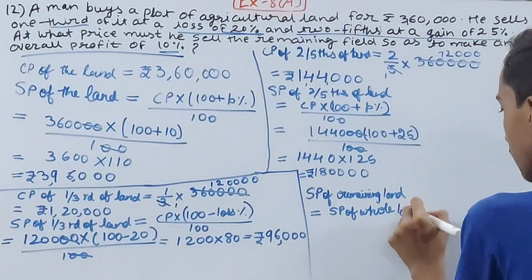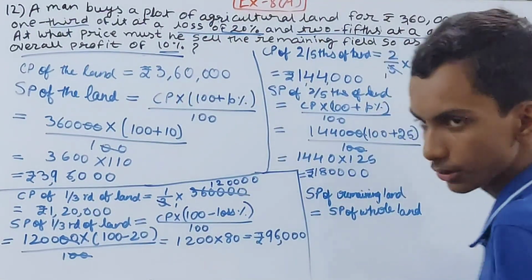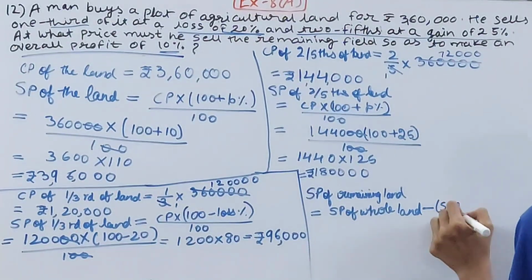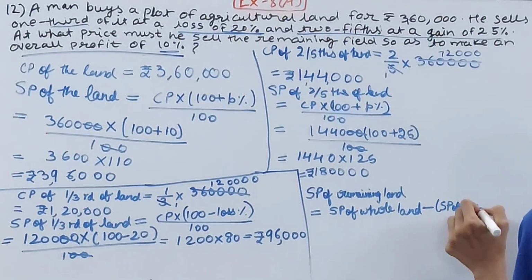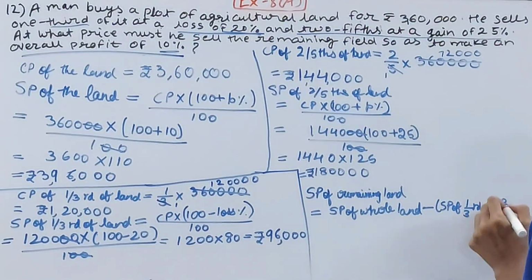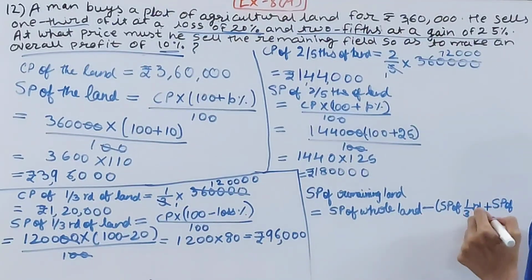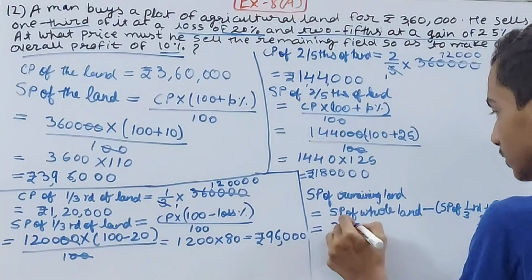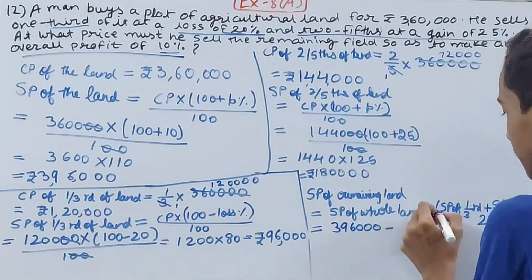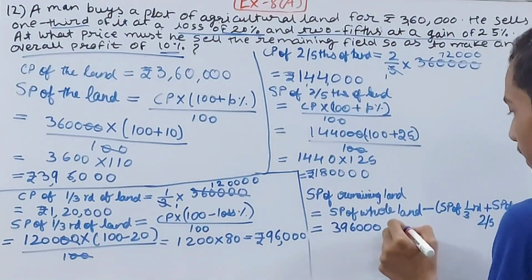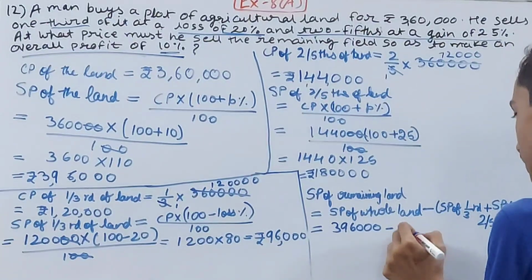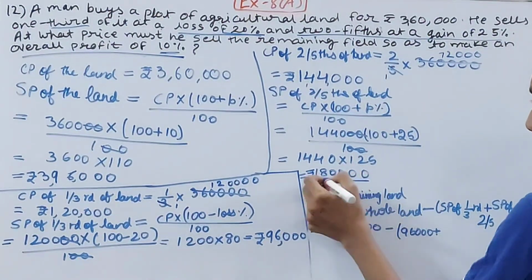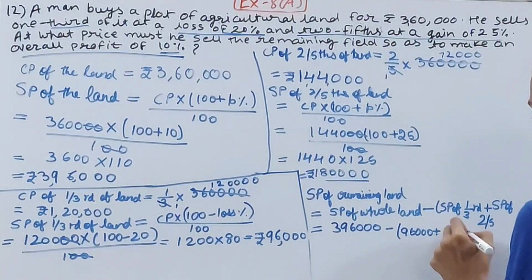That is this one, 3,96,000, minus the SP of 1/3 plus the SP of 2/5, right? Whole land is 3,96,000 minus the selling price of 1/3 of the land, that is 96,000, plus the selling price of 2/5 of the land we have calculated, 1,80,000.